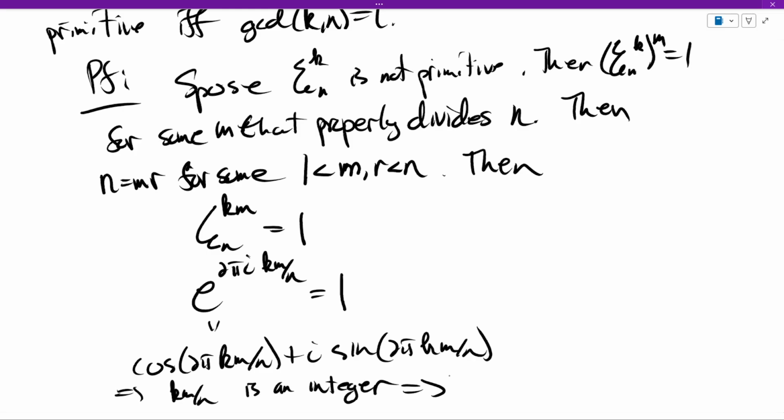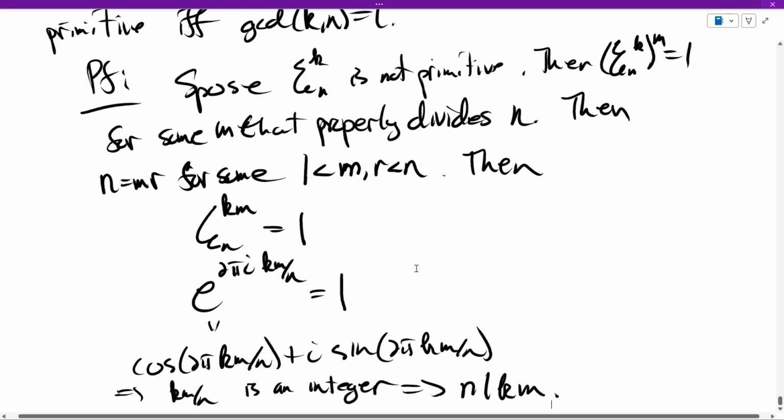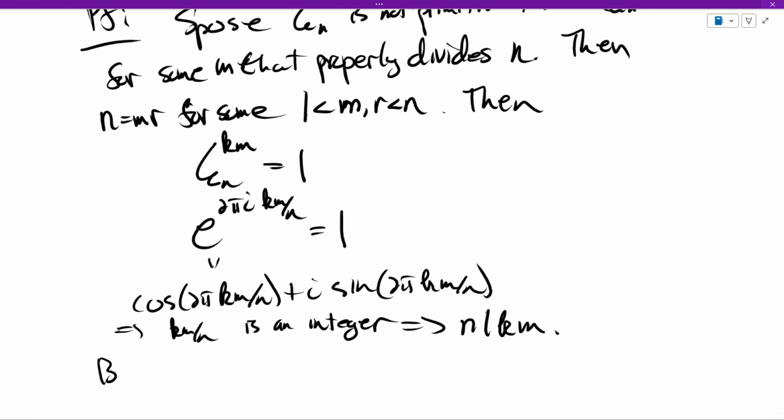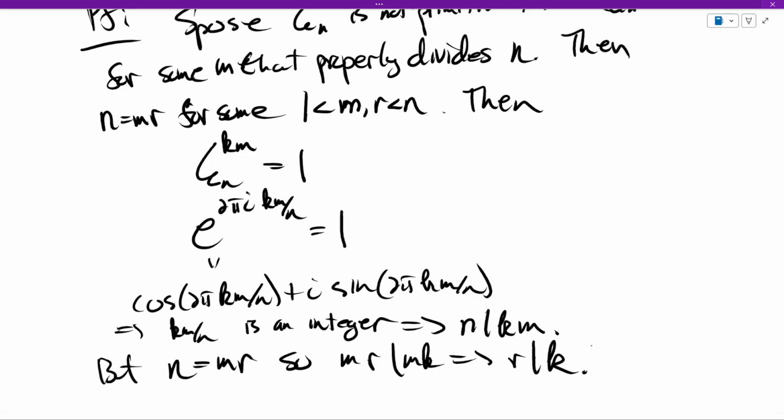Because that will make the cosine part 1, and that will make the sine part 0. In particular, this means that n divides km. But n is equal to mr, so mr divides mk implies r divides k.